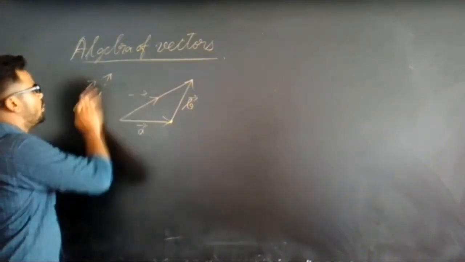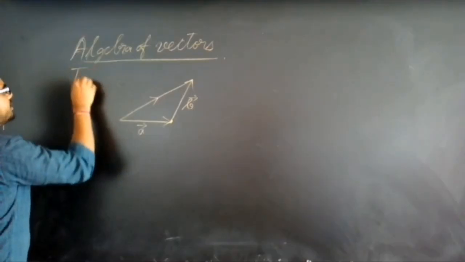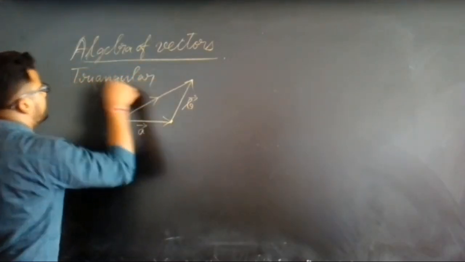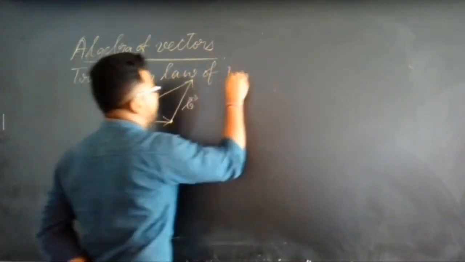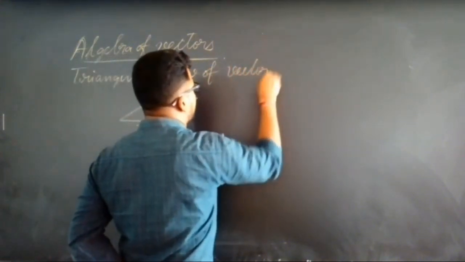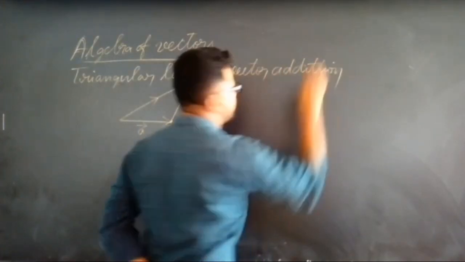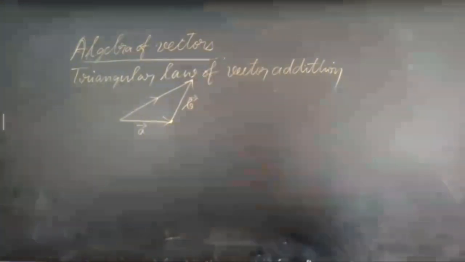One type of vector addition is called the triangular law of vector addition. This we call the triangular law of the vector addition.